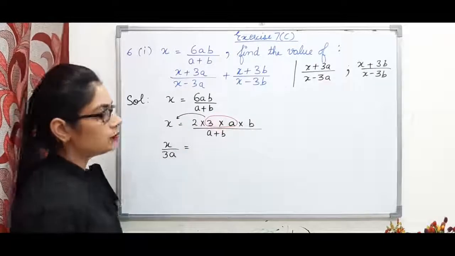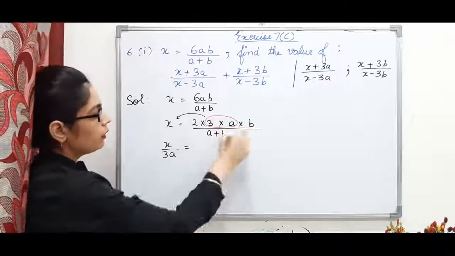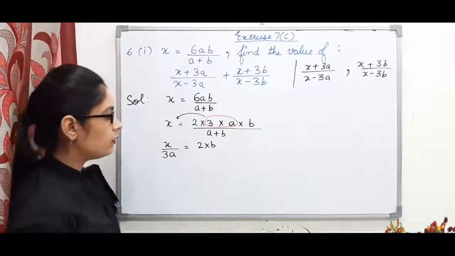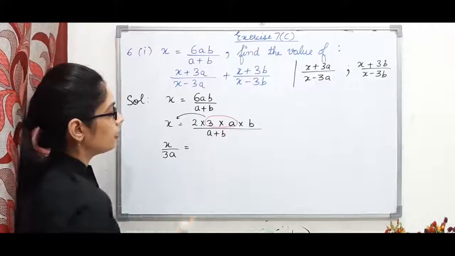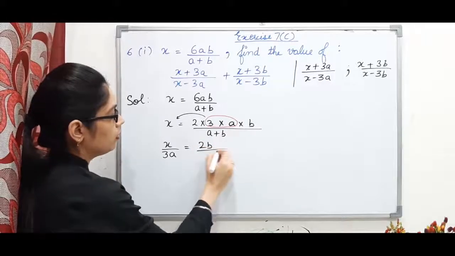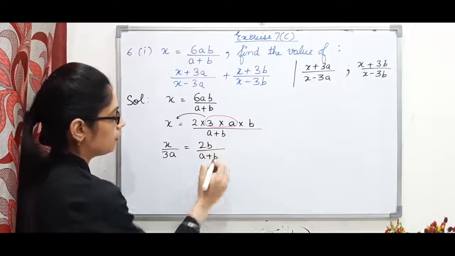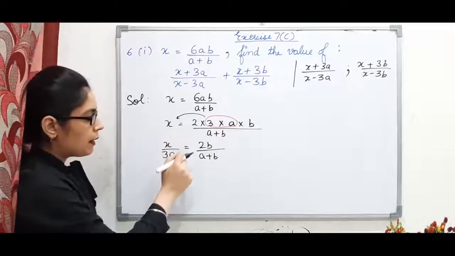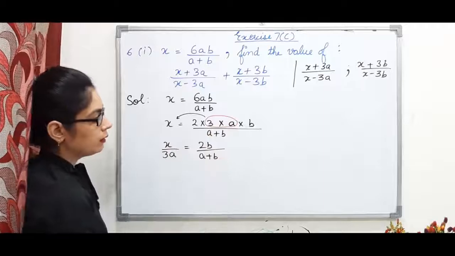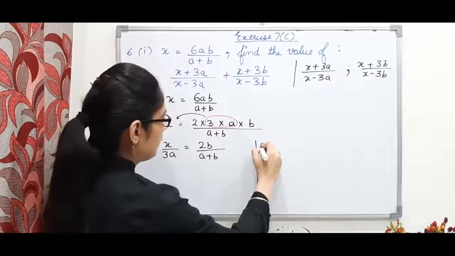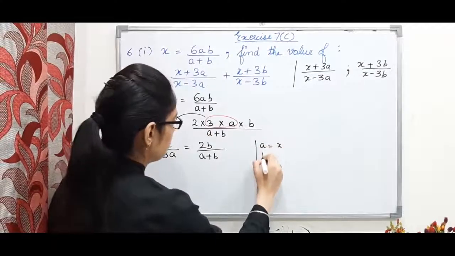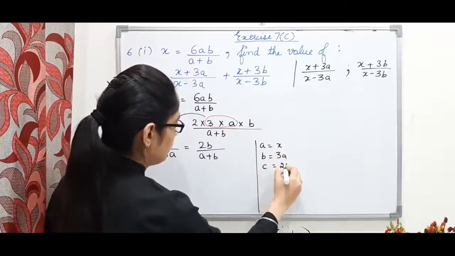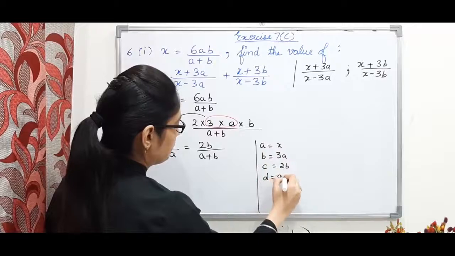Remaining terms as it is, we can write 2 into b, 2b directly, upon a plus b. Now I have got this expression like a by b is equals to c by d. See, my a is x, b is 3a, c is 2b and d is a plus b.